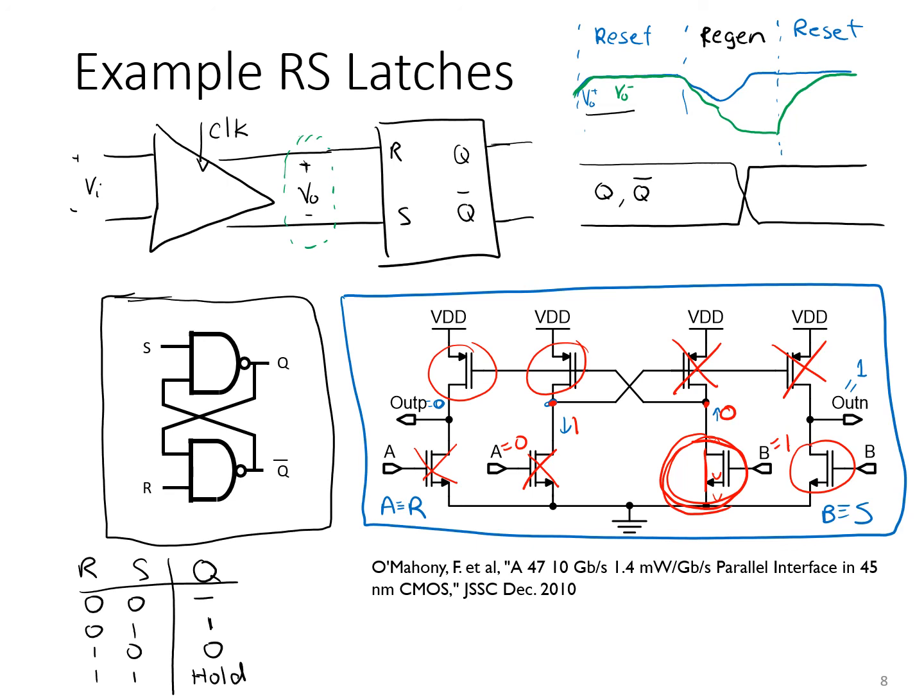Moreover, the latch won't flip for very small differential inputs applied between A and B. So the input applied to the latch also has to be large enough to flip the state of the RS latch. Depending on the relative sizing of the NMOS and PMOS transistors here, the RS latch may trip at different points and with different delays.